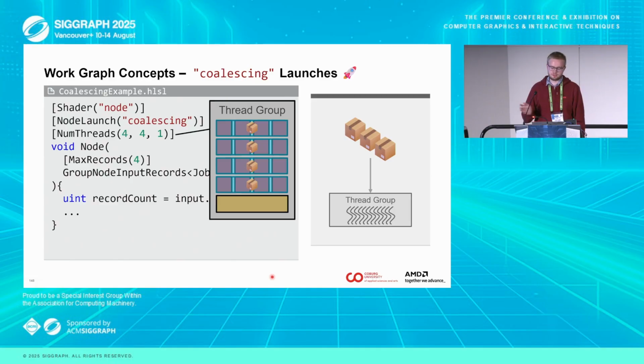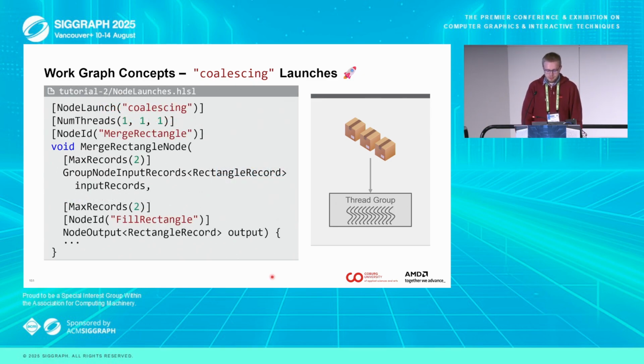And all other threads that didn't get a record just exit early. Another thing we can do is we have in the group access to multiple records, right? All the threads of the group can access all the 4 records that we got here. So one special thing that we can do here, and we will later see an example of that, is we can combine multiple records into one. And this will be useful later, as I mentioned.